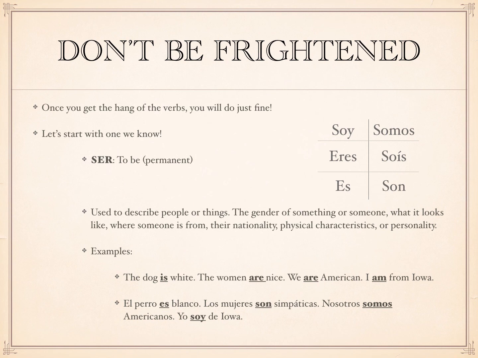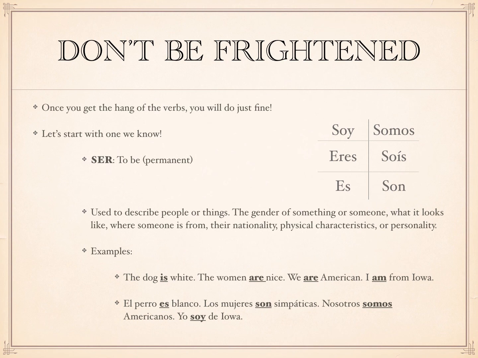Some examples: the dog is white. El perro es blanco. The women are nice. Las mujeres son simpáticas. We are American. Nosotros somos americanos. Notice that we had to say americanos instead of just americano because we have more than one subject in the sentence.